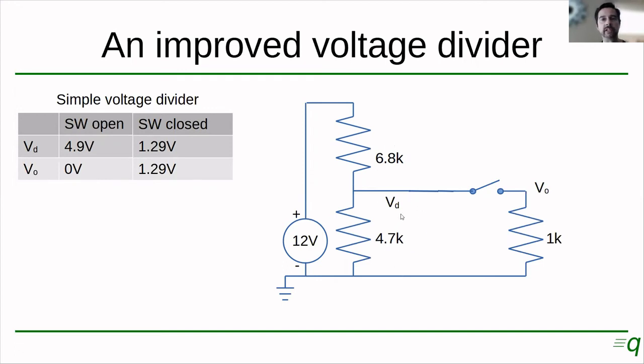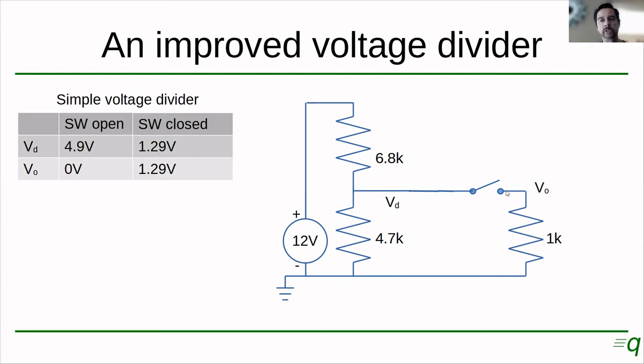We will call VD the voltage at the output of the divider. So if we keep this switch open and we do the math for this voltage divider, we will end up with 4.9 volts here for VB. This is just by applying the equation that we studied several classes ago for the voltage divider.